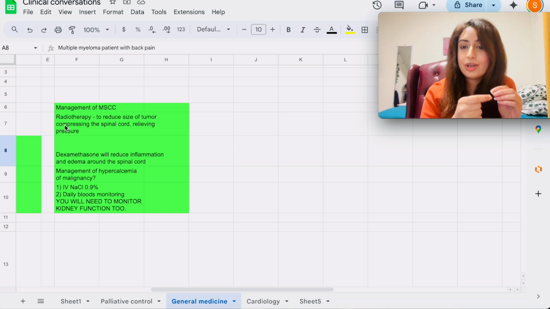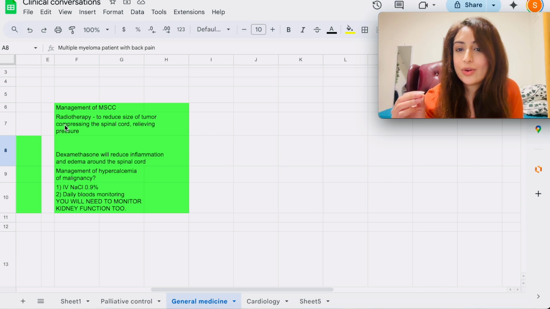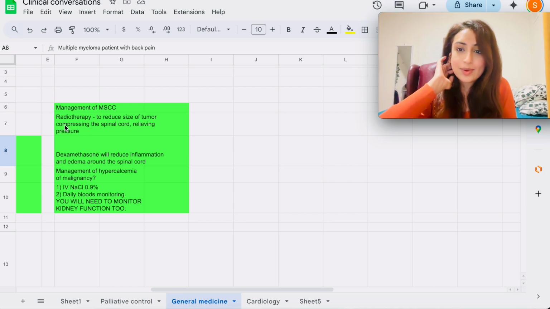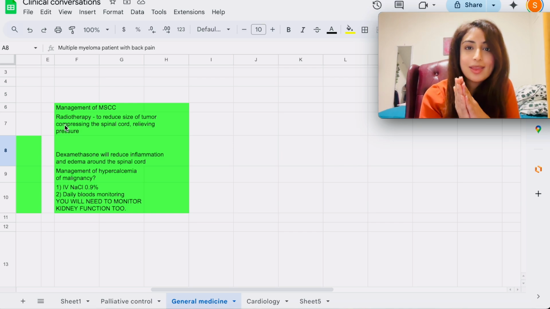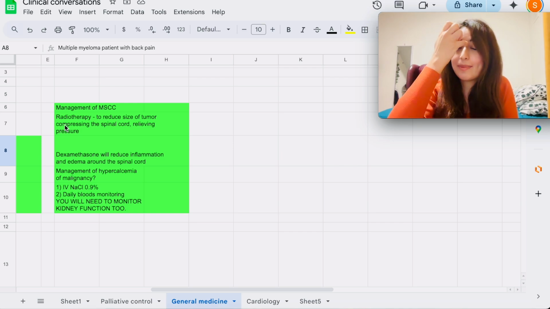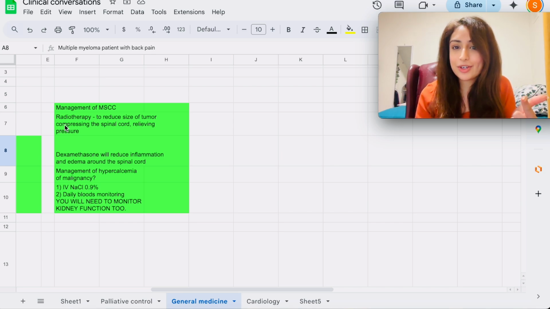Now it's impinging on the nerves. When it impinges on the nerves, and this can be over time as well, it's a real neurological emergency, because if that nerve compression gets so bad, you can get permanent loss of nerve function, permanent neurological dysfunction, and nerve damage as well.